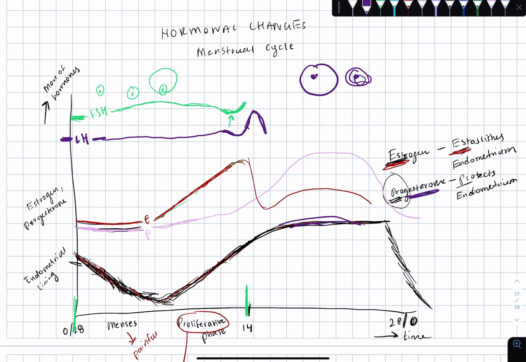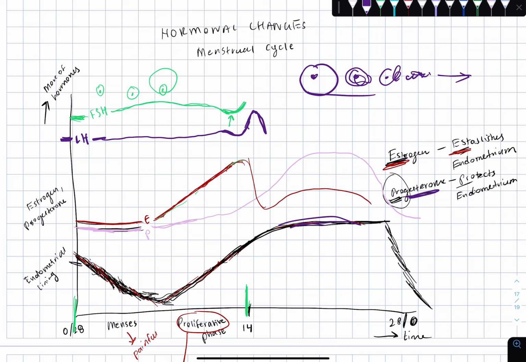That's why, as we're developing our corpus luteum, we get our peak in progesterone in order to protect the endometrium just in case of implantation. But if implantation does not occur, this corpus luteum is just going to start to rupture away. And then it's going to get built up again once we go through this cycle again. We're going to get our follicle, and then we're going to get our corpus luteum later on.